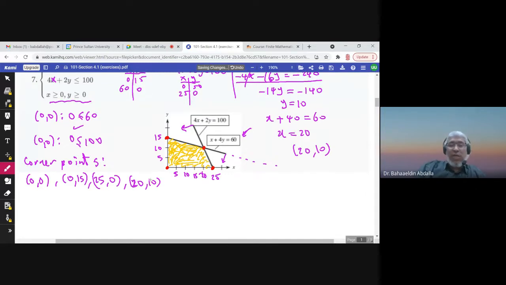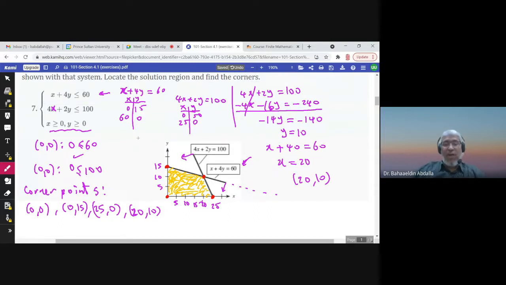So that's what we had to do from the beginning. We had to sketch the graph. I thought that this is 1 to the unit of measure, but it is not. I had to draw the line to find out that this point is 0, 15, and this point is 25, 0.